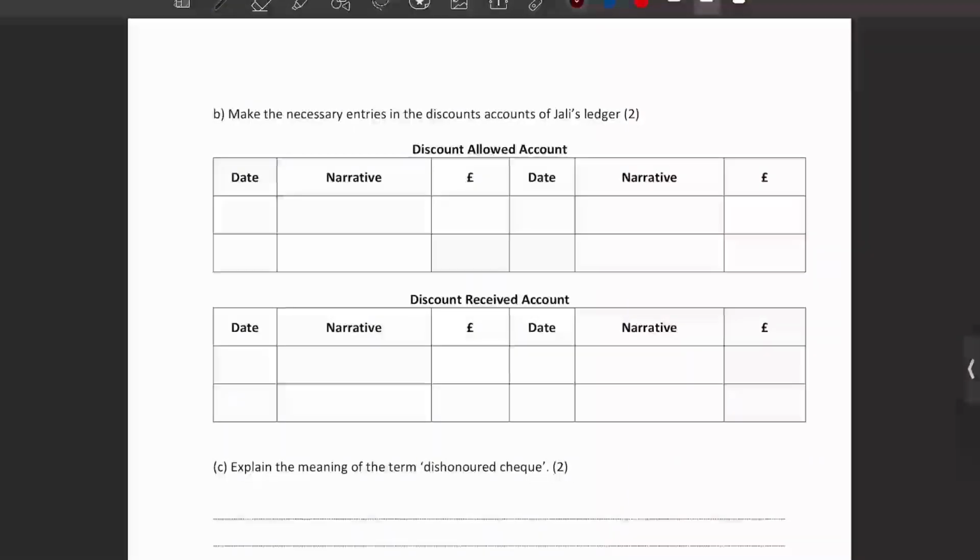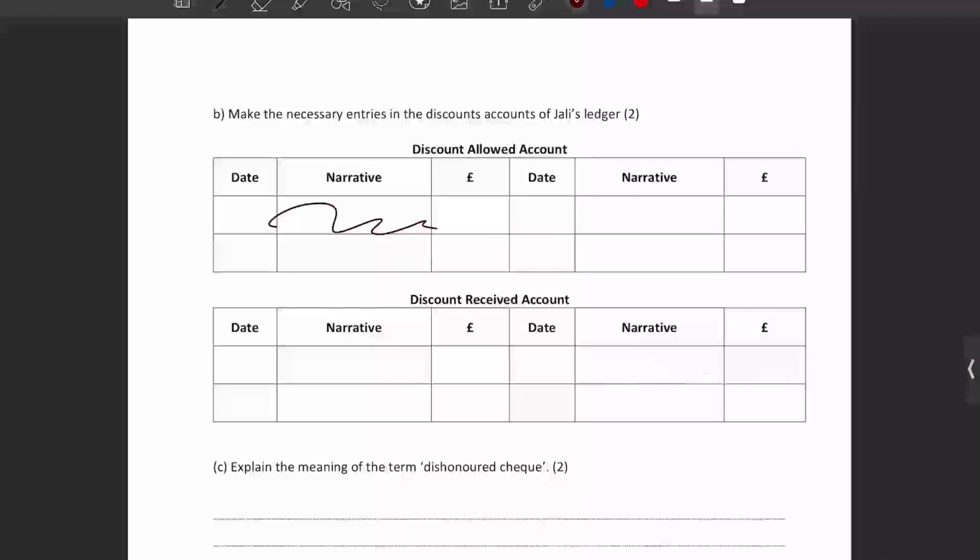And in accounting, incomes are always credited. Out of the two, which one is your expense? Discount allowed. When you give discounts to people, that is an expense. What is discount received? Income. So the rule has to be very clear with you all. Expenses will always be debited. Income should always be credited.